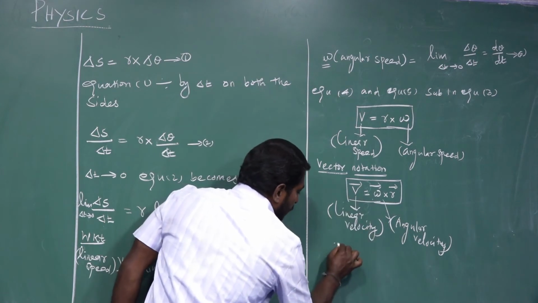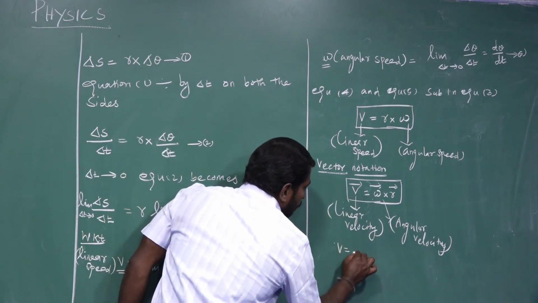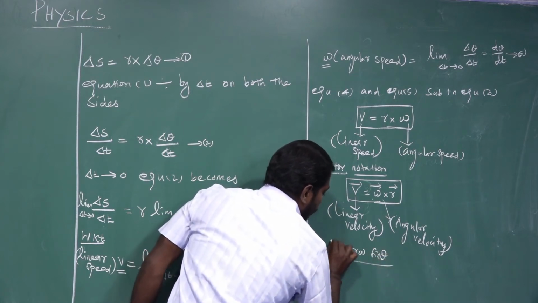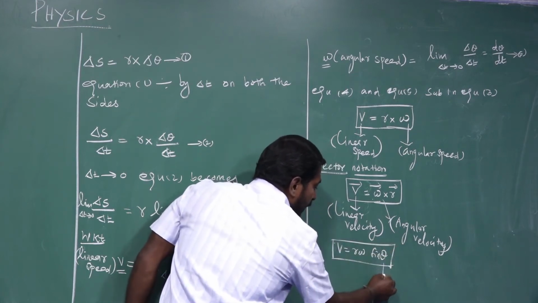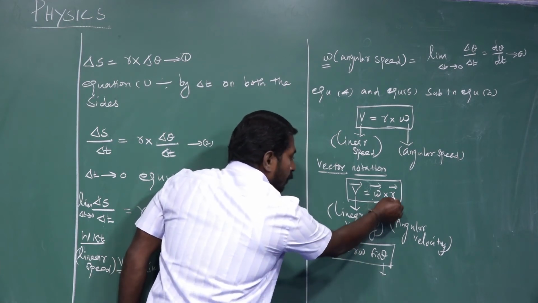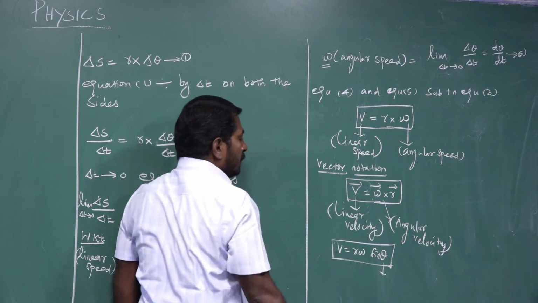Removing the vector notation, v is equal to r omega sine theta. Here theta is the angle between radius vector or position vector and angular velocity vector.